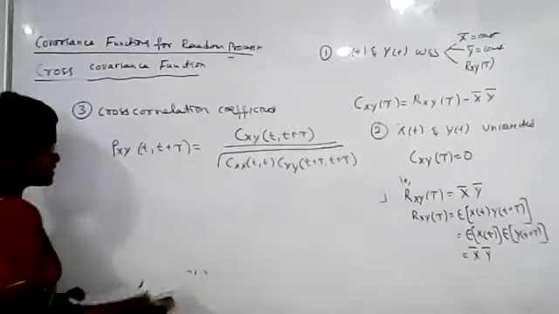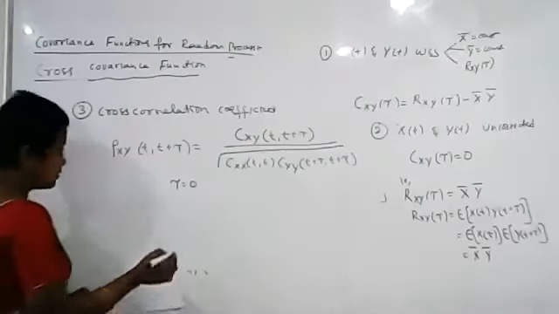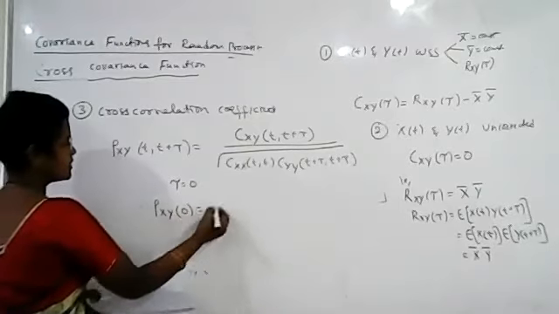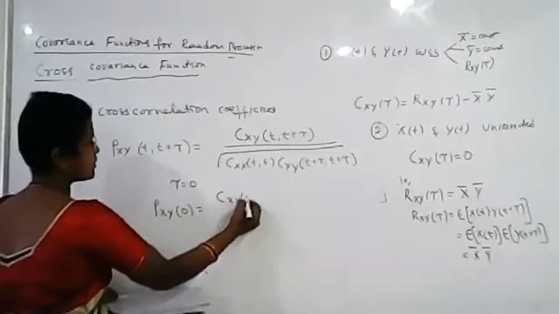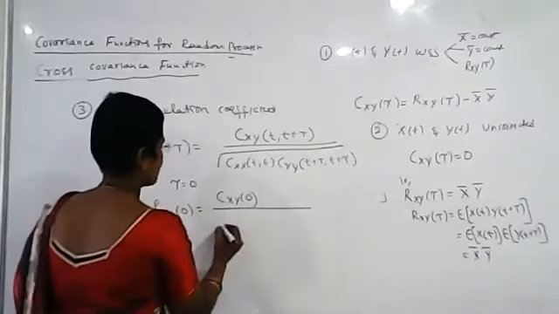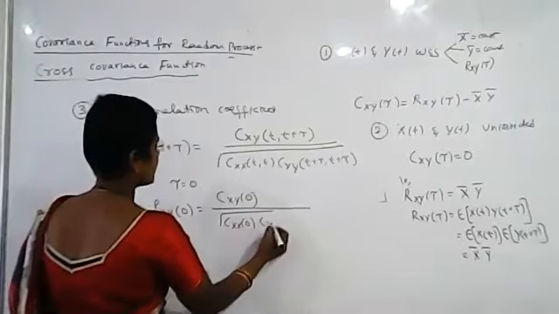If tau is equal to 0, this can be written as rho xy equal to Cxy of 0 divided by the square root of Cxx of 0 times Cyy of 0.